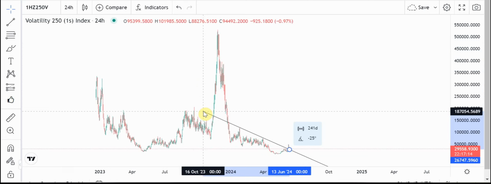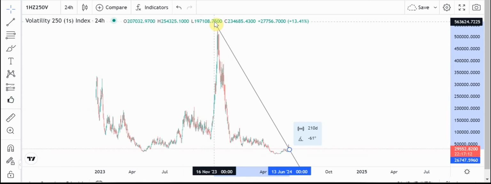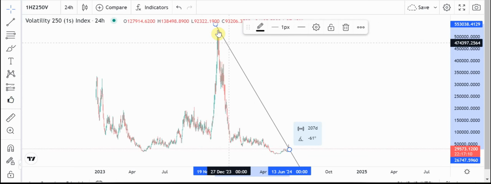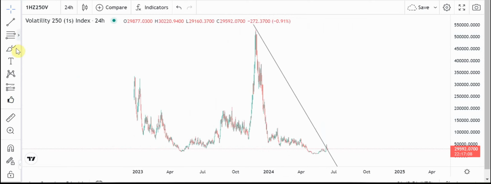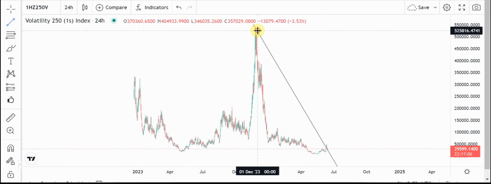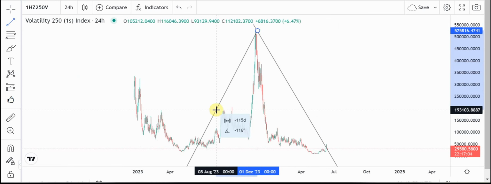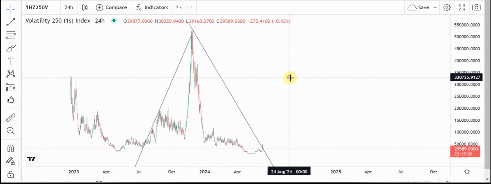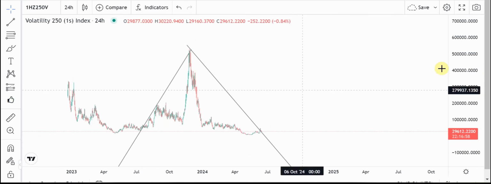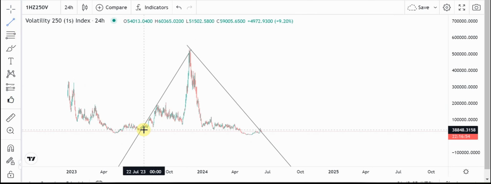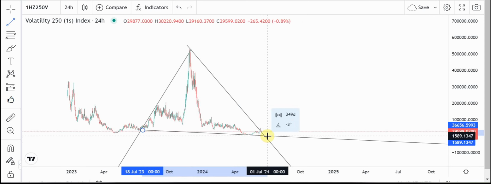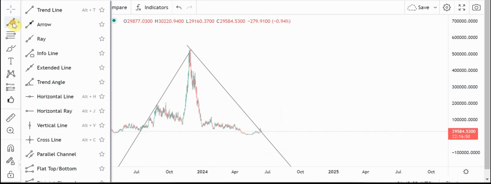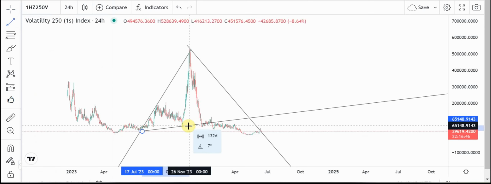The price said, okay, let's just form something unique. Did this, and did this. And then we have this one.